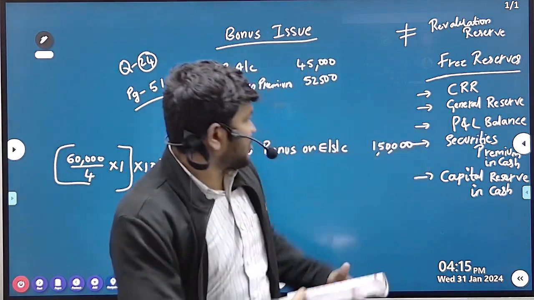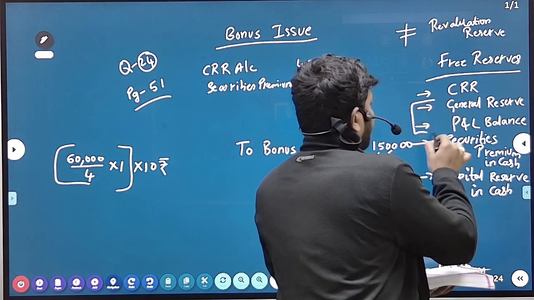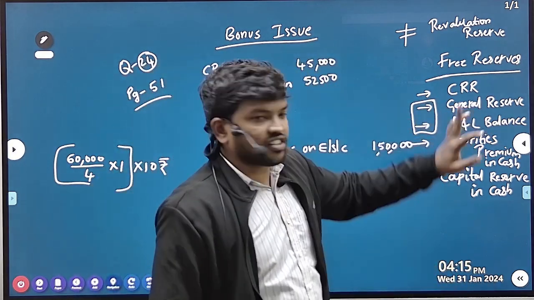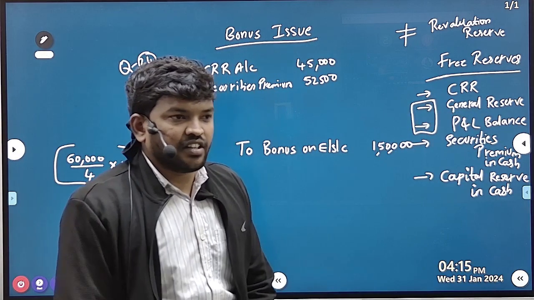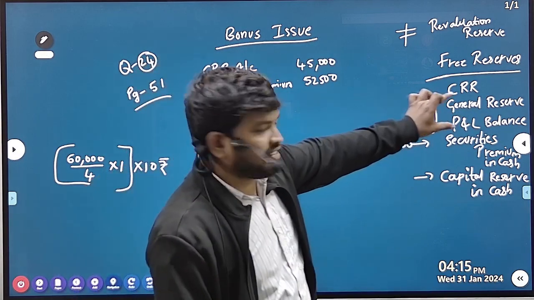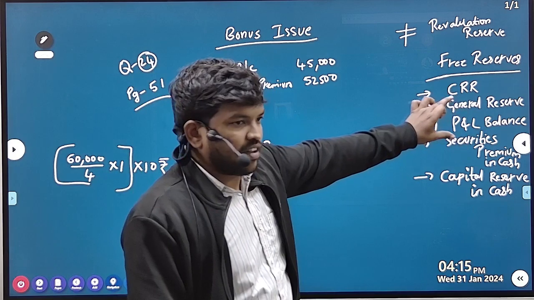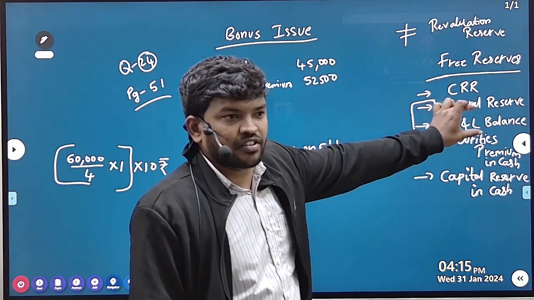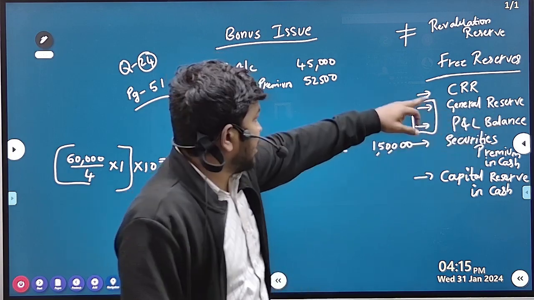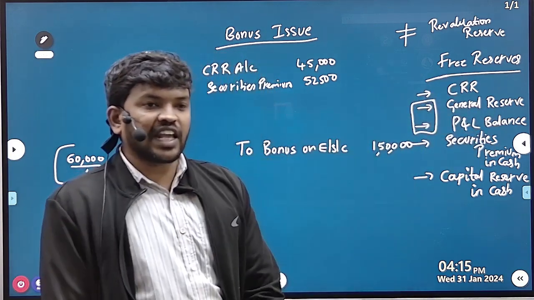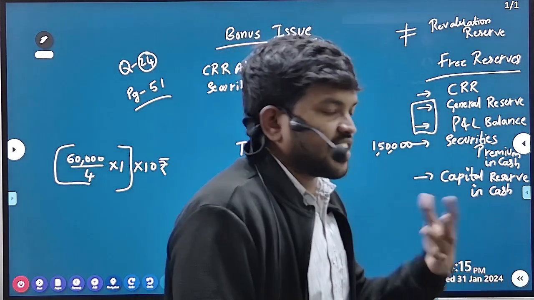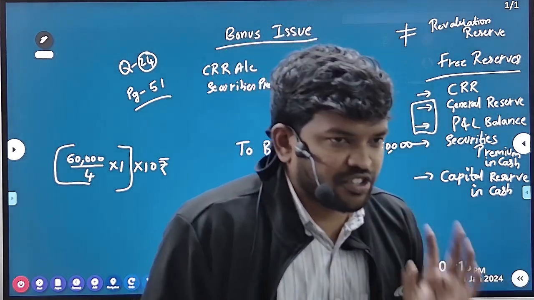Out of the free reserves, these two are very, very important reserves. Look here: general reserve and P&L balance. These are the main free reserves, so the company generally does not use them. Why? I'm telling you. CRR, Capital Redemption Reserve, is created only to issue bonus shares.